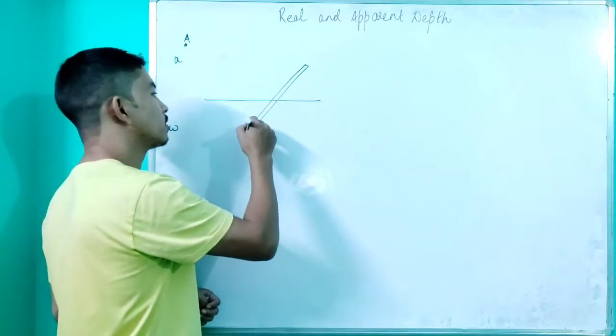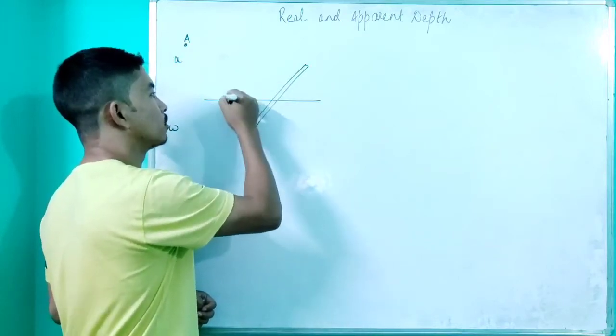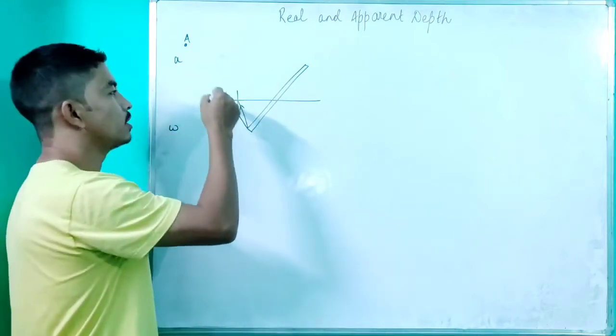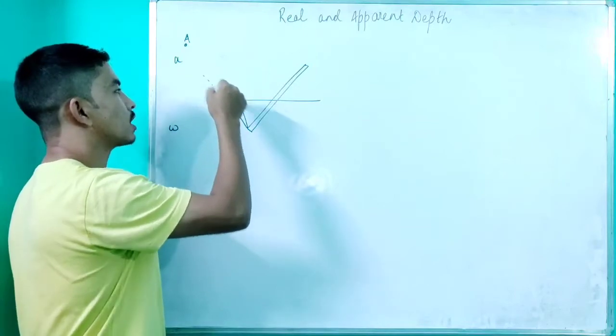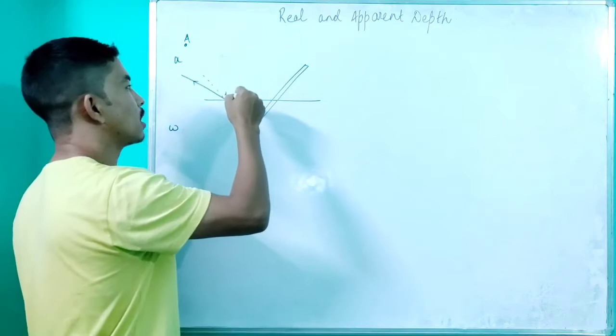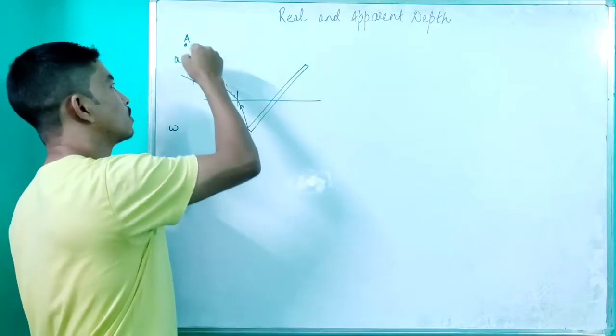The two rays pass from a denser to a rarer medium. We know that whenever a ray of light passes from a denser to a rarer medium, instead of going in a straight line, it bends away from the normal. Similarly, the other ray also bends away from the normal.